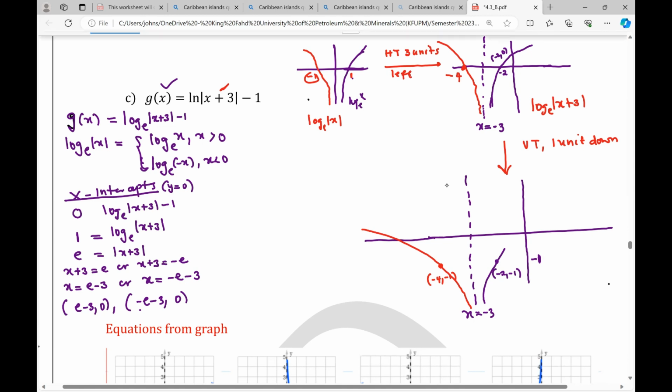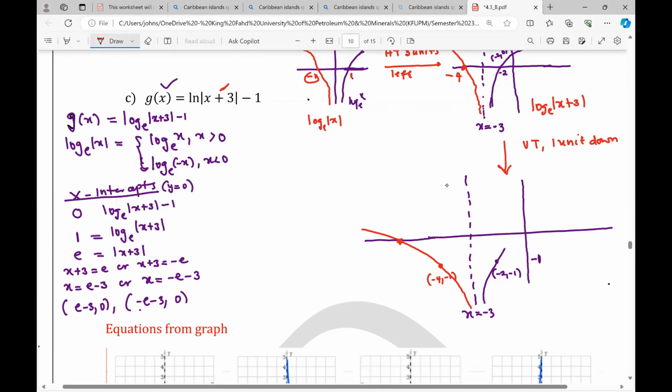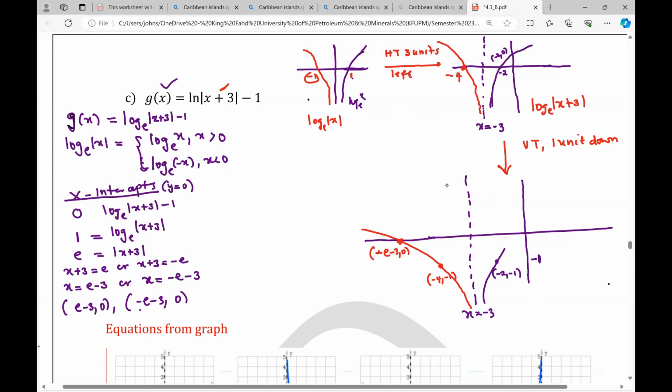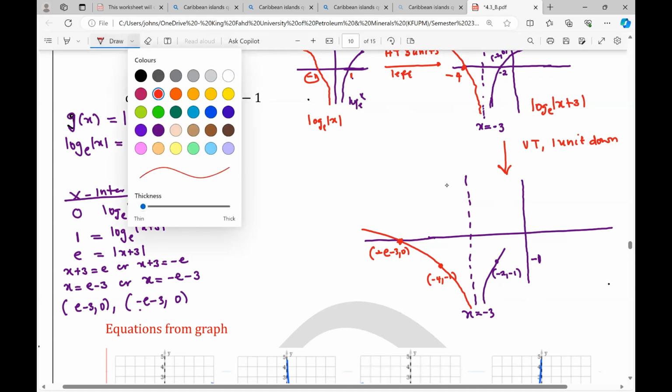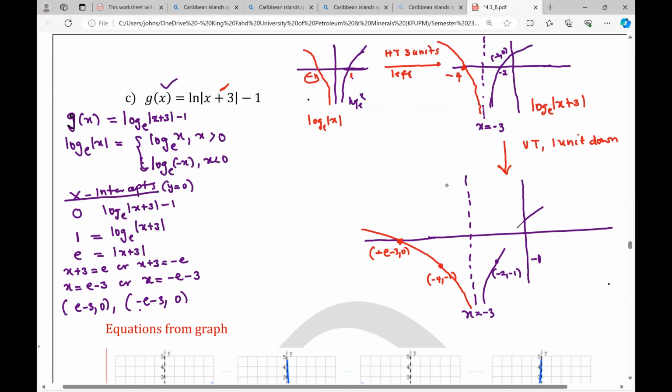So this is this point here. So this will be our minus e minus 3, 0. So it means that the purple one also is going to cross the negative x-axis. It's not going to cross the positive x-axis. And this point here, where it crossed, is going to be e minus 3, 0, right?